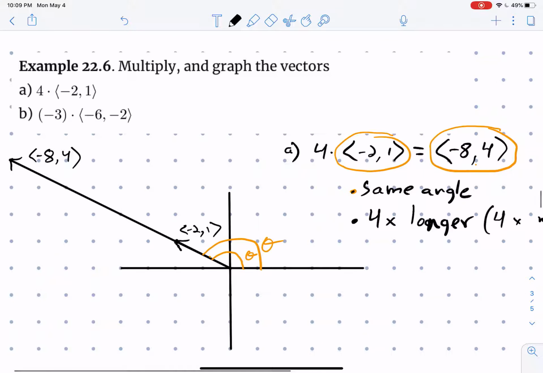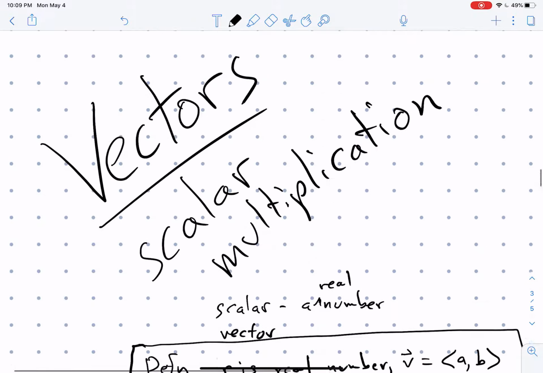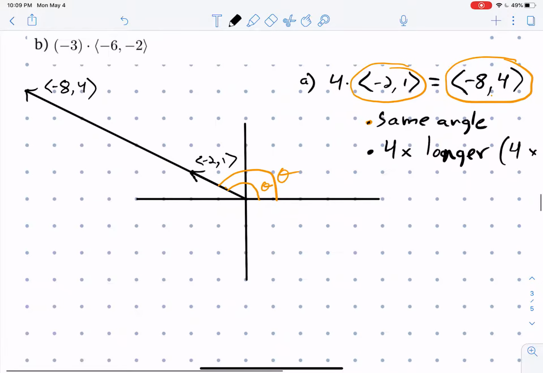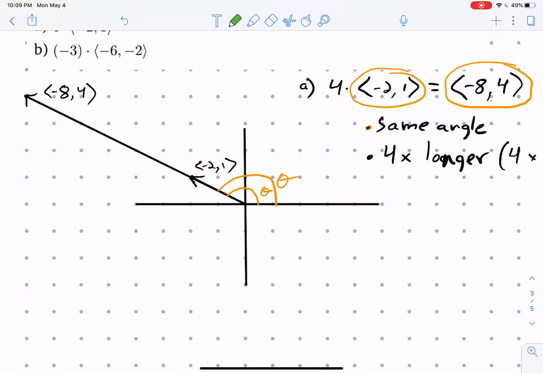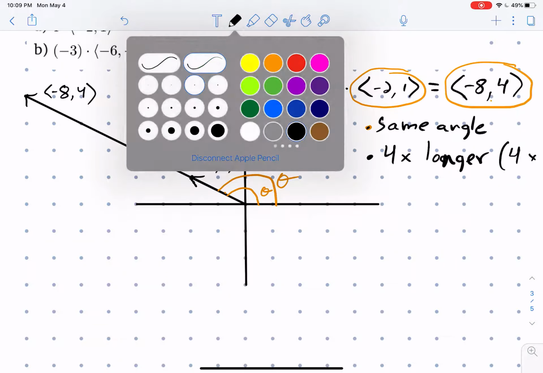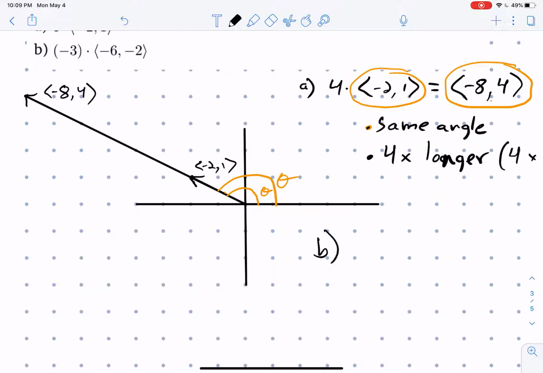All right. That's part A. We have multiplied and graphed the vector. Let's go ahead and look at part B, negative 3 times negative 6, negative 2. I might use my same coordinate plane for this one, but I'll just use different colors. So let's see. The original for part B is negative 6, negative 2.